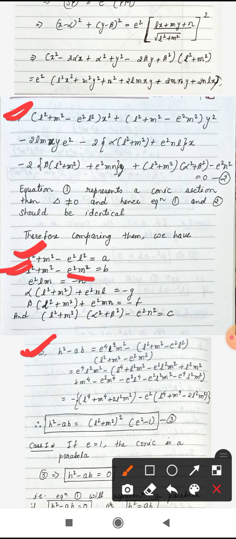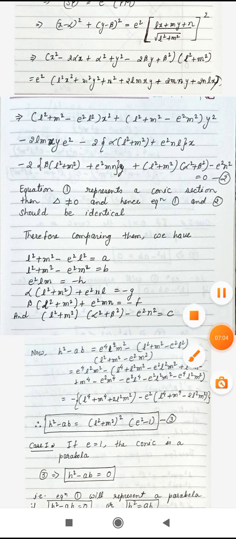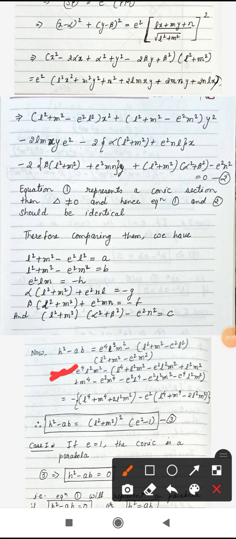Since h is equal to E²Lm, h² is E⁴L²M², and the value of a is L² + M² − E²L², and the value of b is L² + M² − E²M². Simplifying this, we will get E⁴L²M² − L⁴ + L²M² − E²L²M² + L²M² + M⁴ − E²M⁴ − E²L⁴ − E²L²M² − E⁴L²M².